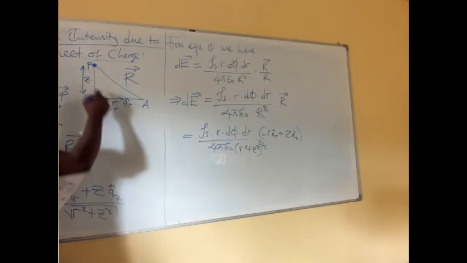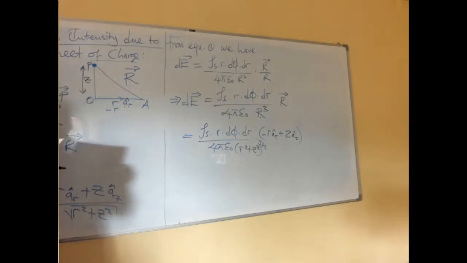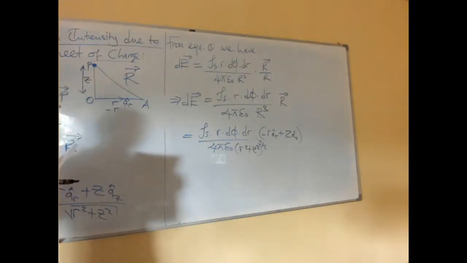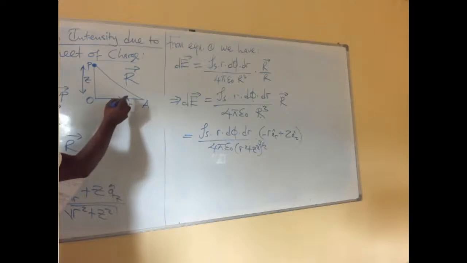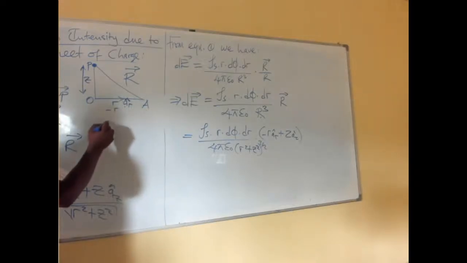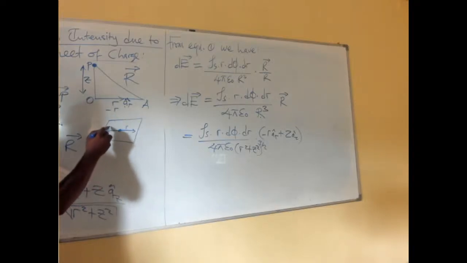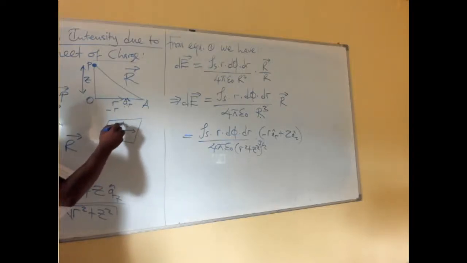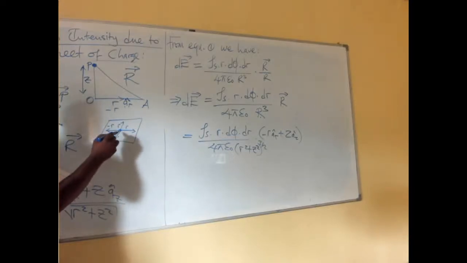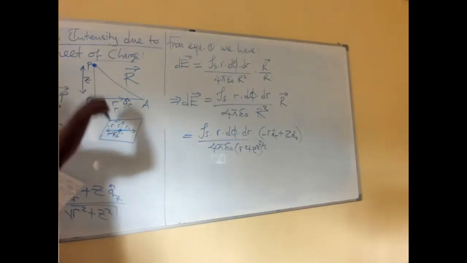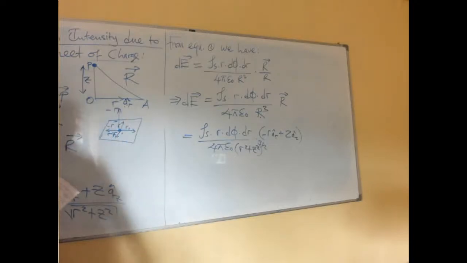All the ar components at point P are going to cancel each other. If we have, let's say, this is our plane, we have r in this direction, and in this direction we have minus r. We have r there, then here we have minus r. So these will cancel each other at point P, which is this point up here.